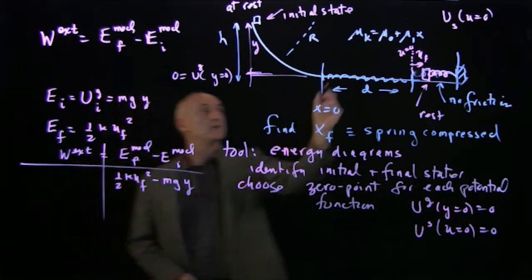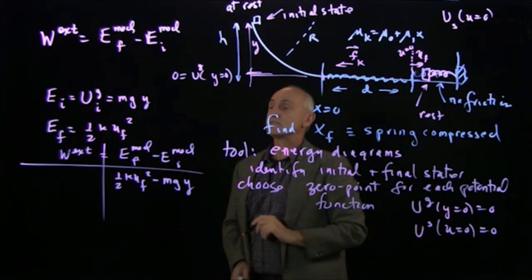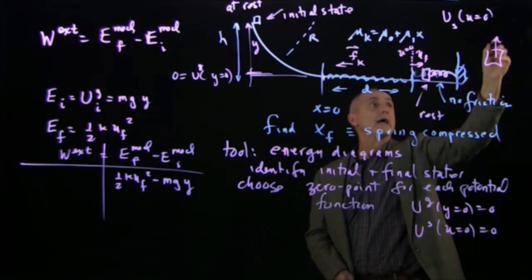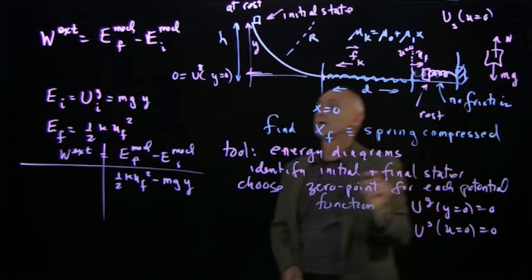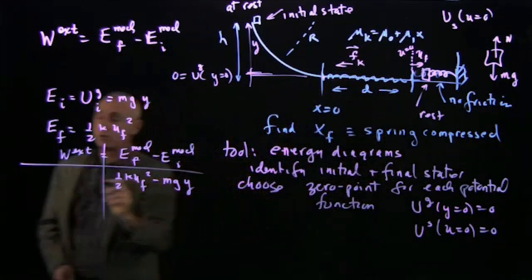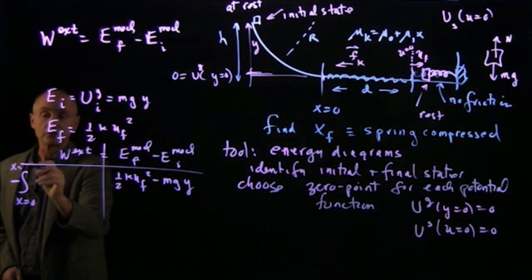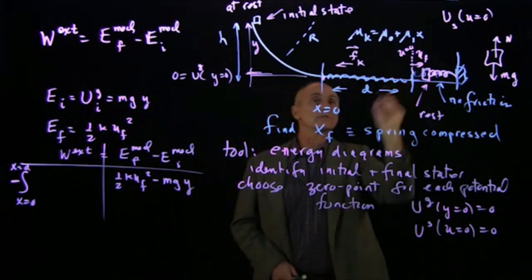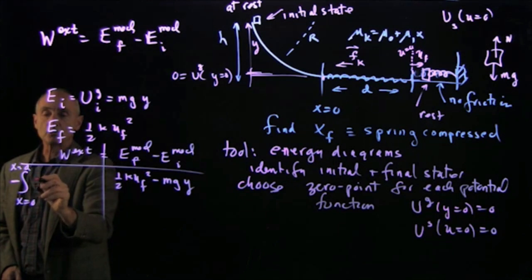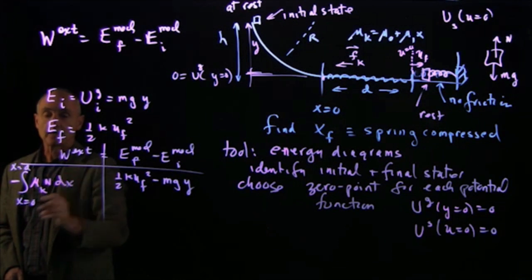Now what I have to do is think about the friction force, F kinetic friction, as the object moves. This friction force is non-uniform. If we were to draw N and mg, then our work by friction is equal to minus the integral from x equals 0 to x equals d of the friction force, which is equal to the coefficient of friction, mu k, N dx.